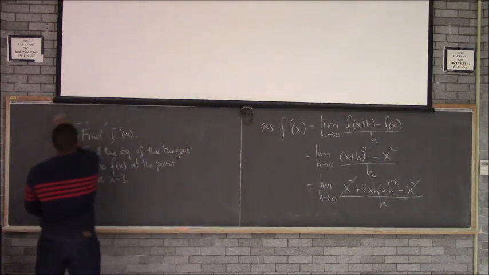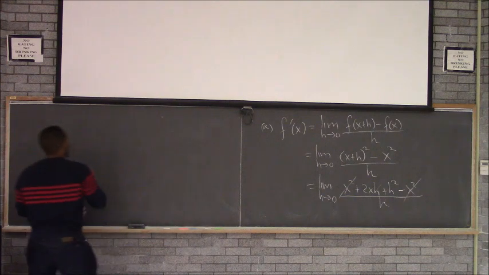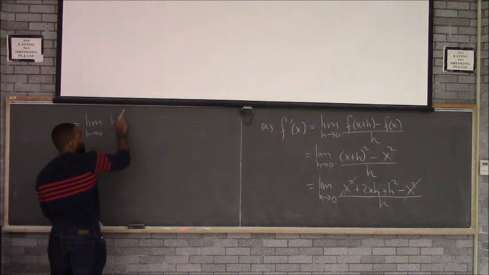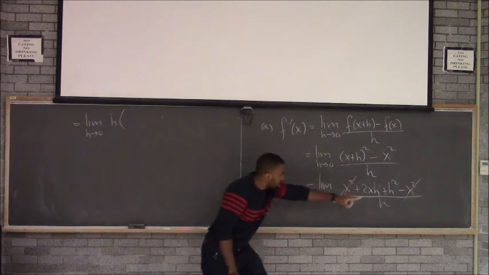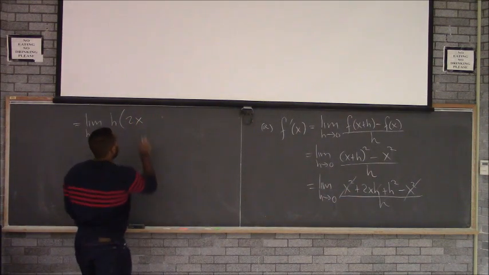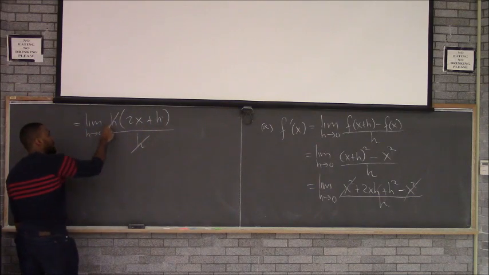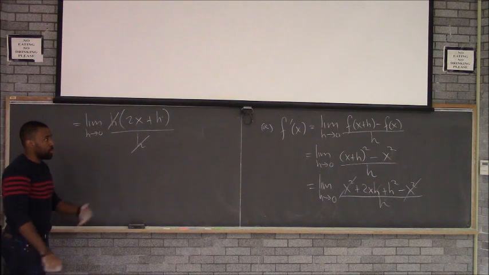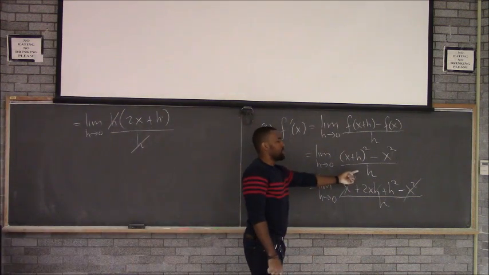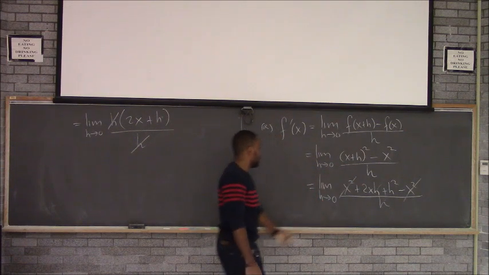So now what happens? Factor out the common h, because you can't cancel across the sum, you have to turn things into multiplication. h is now a common factor. If you factor it out, you have 2x plus h all over h. The h is now canceled, and now you can take the limit. Remember, it's just a limit, so all your rules apply. Plug in if possible. Here we can't plug in because we divide by 0, so step 2 is try to simplify, then plug in.